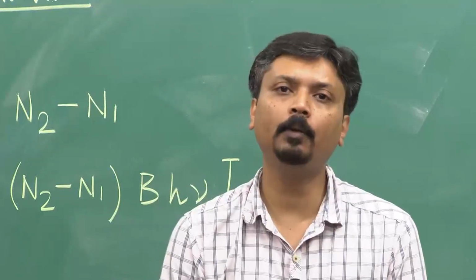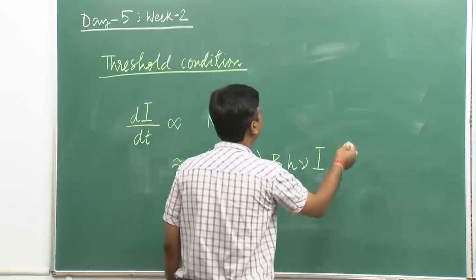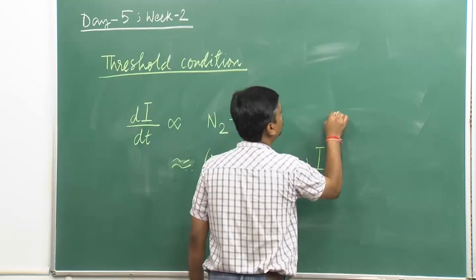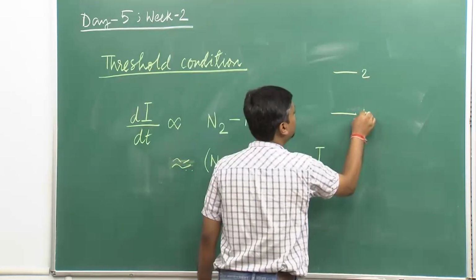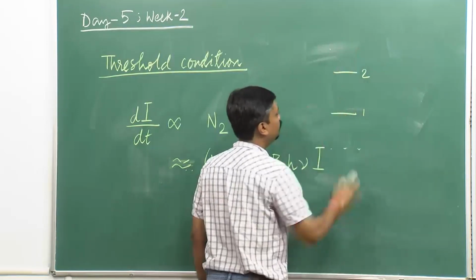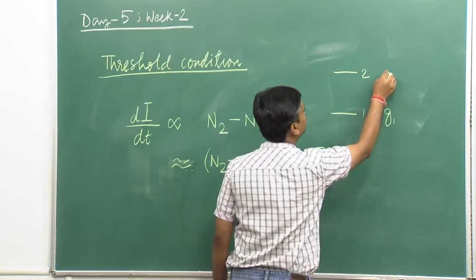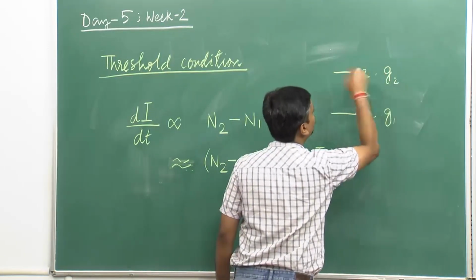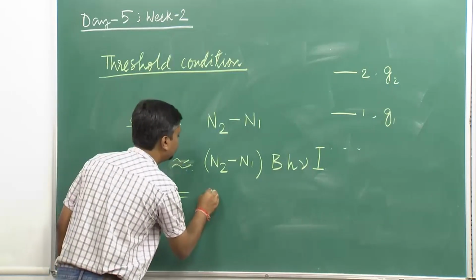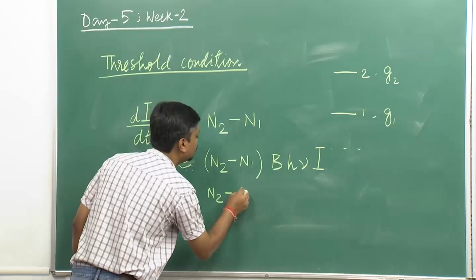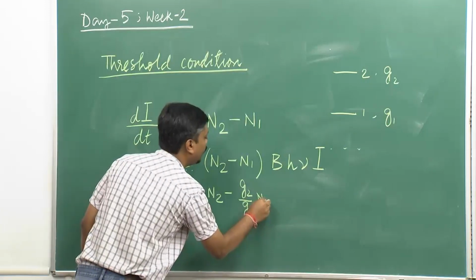So, the general idea will be to take the degeneracy into account. These are the two levels involved in the lasing action. This is level 2, this is level 1, you can have some other levels here and there, I do not care about that. Now, if the degeneracies are G1 and G2, then I can write this as N2 minus G2 by G1 times N1.